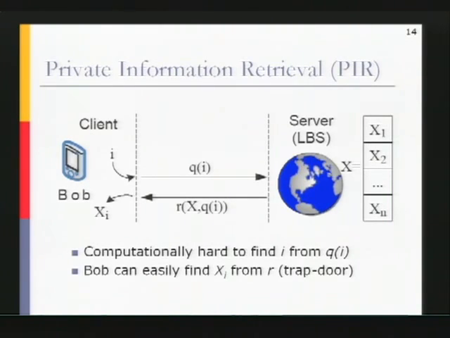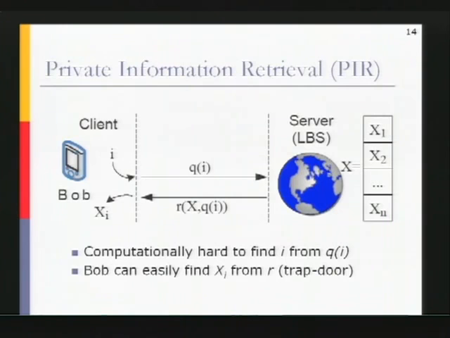He's going to encrypt this value of i, and I'm going to use the term encryption, although strictly speaking it's not encryption because there is no associated decryption. We can assume here that we say hidden. So it encrypts this index i into a query Q(i), and this query is sent to the server.